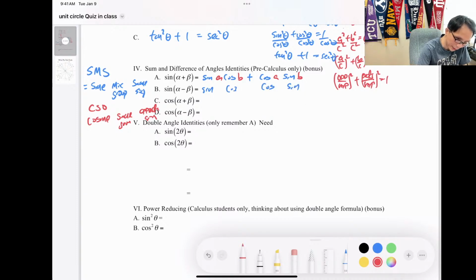Again, I'm just going to write down A, B, A, B, and this will end up being negative. Cosine, same group, and opposite sign. So same group, start with cosine, then it's going to be cosine, cosine, sine, sine. And it's going to be opposite sign, so it's minus. And it's going to be A, B, A, B.